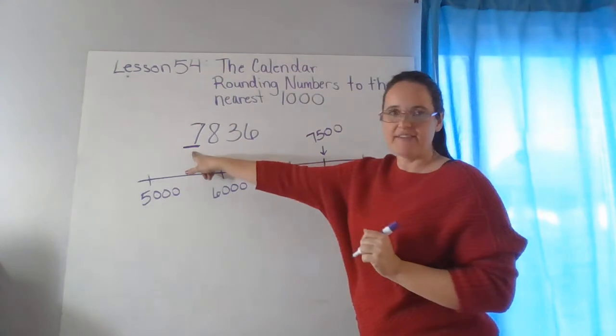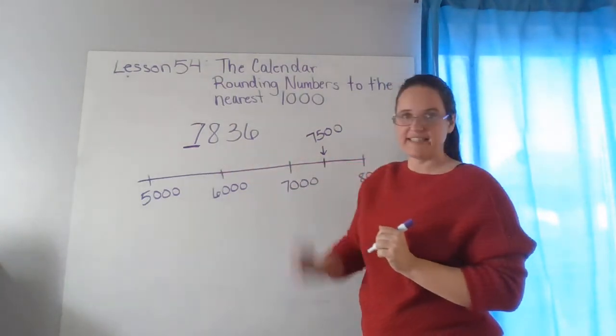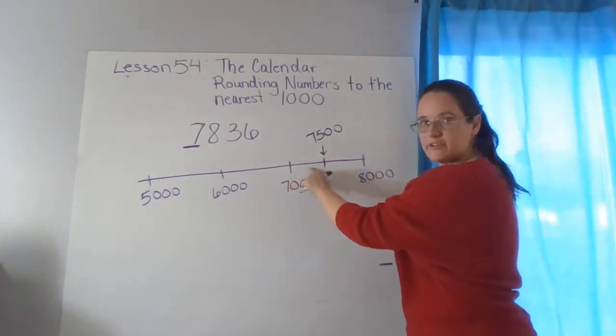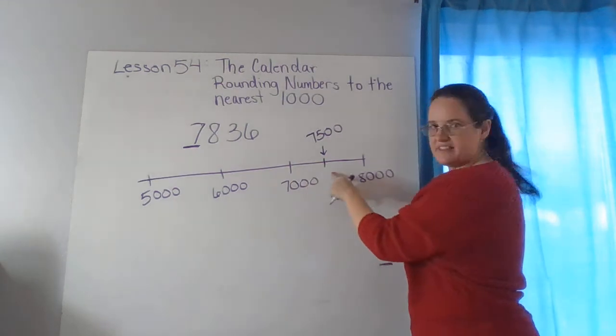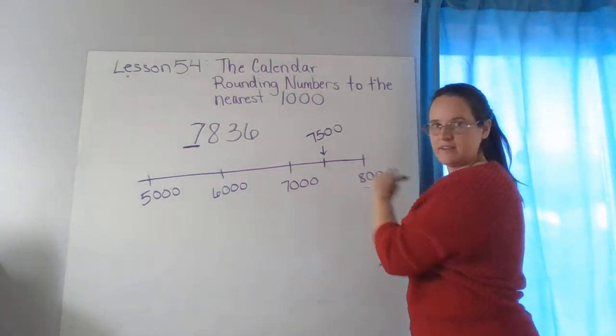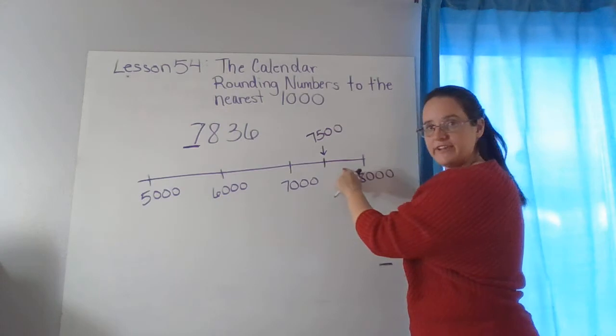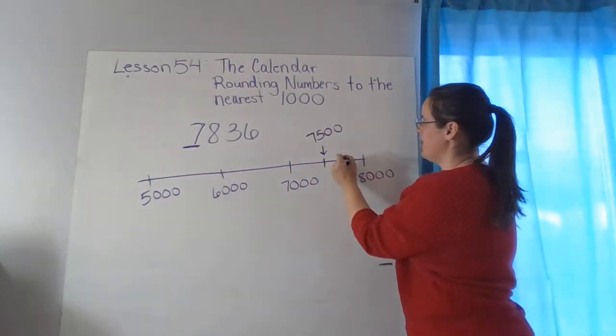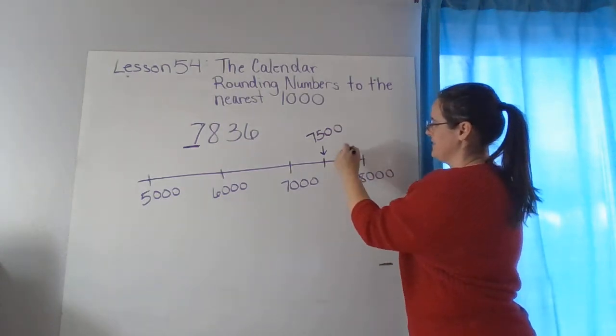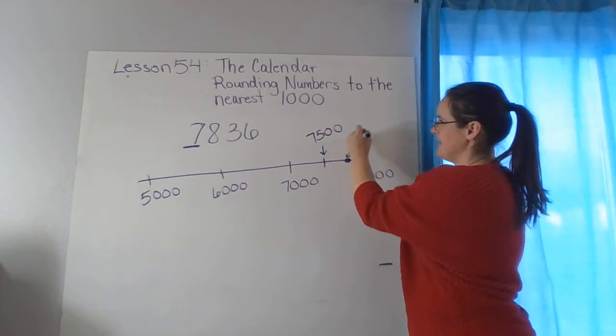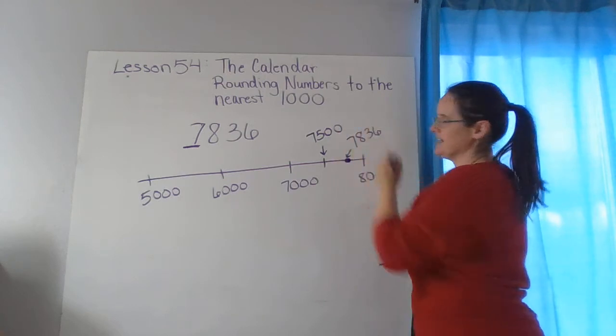So is 7,836 going to be here in the first half or over here in the second half? If you said over here, you're correct. It will fall probably about right there. 7,836.